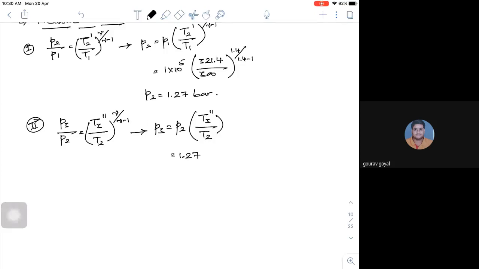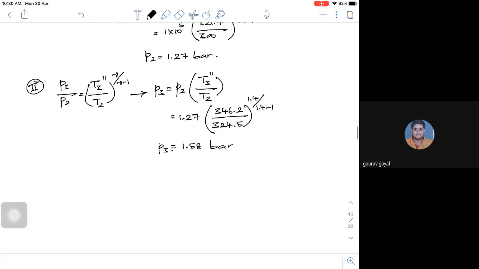T3 double dash we calculated was found to be 346.2, and T2 just now we found is equal to 324.5. So (346.2 divided by 324.5) to the power of 1.4 divided by 1.4 minus 1. If I substitute, I'm getting around 1.58 bar. This is my P3, for the second stage.